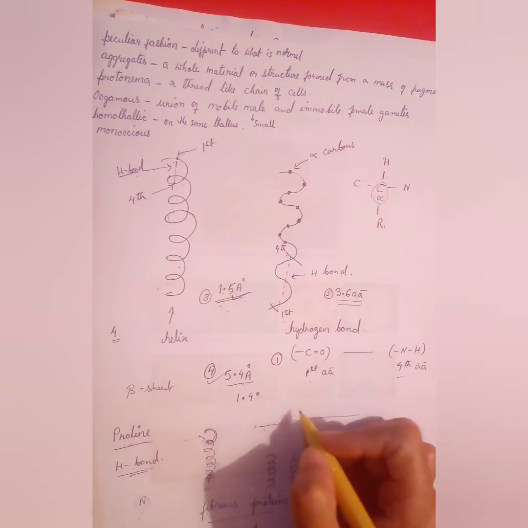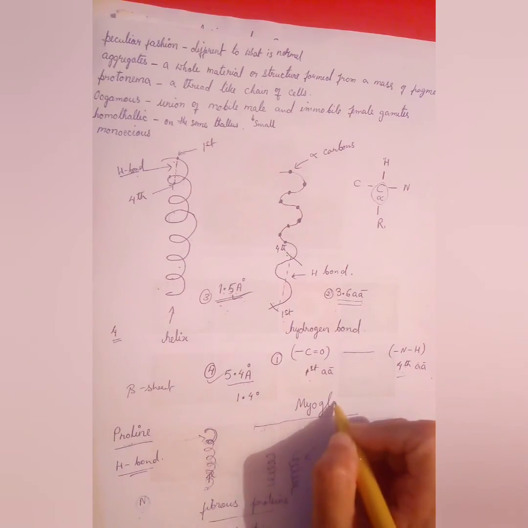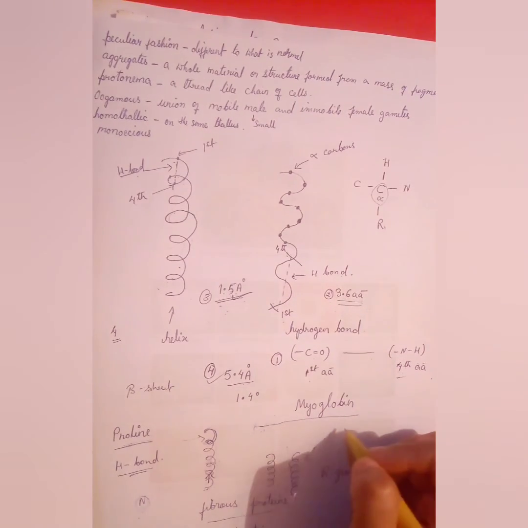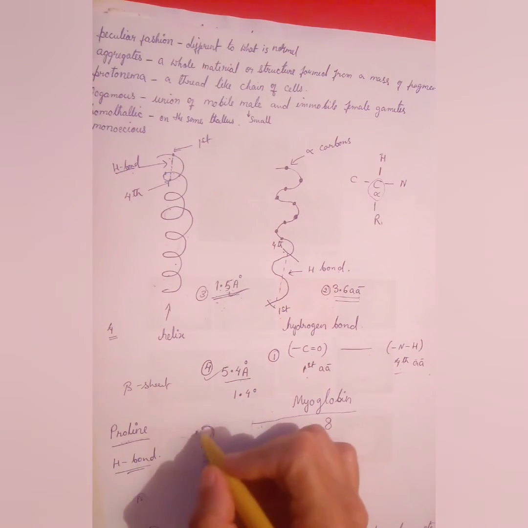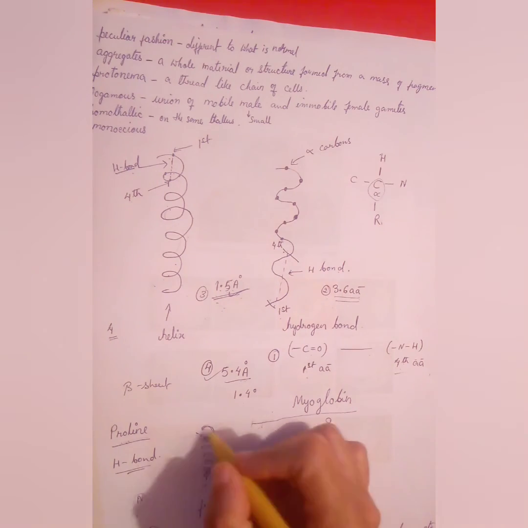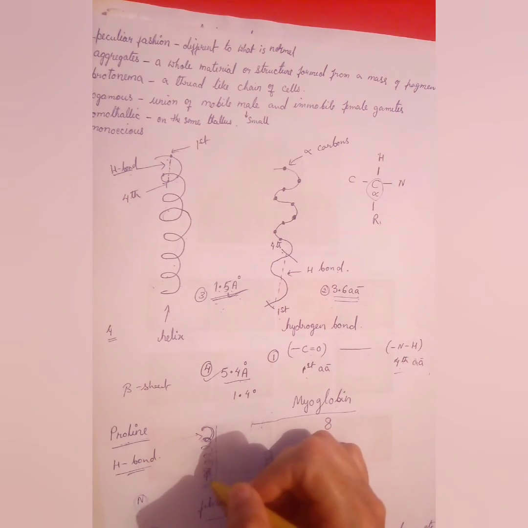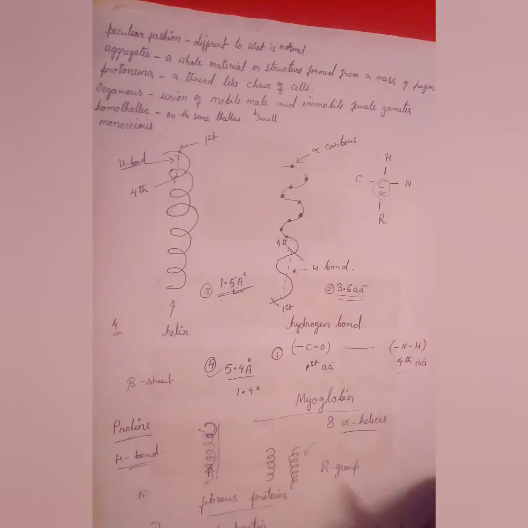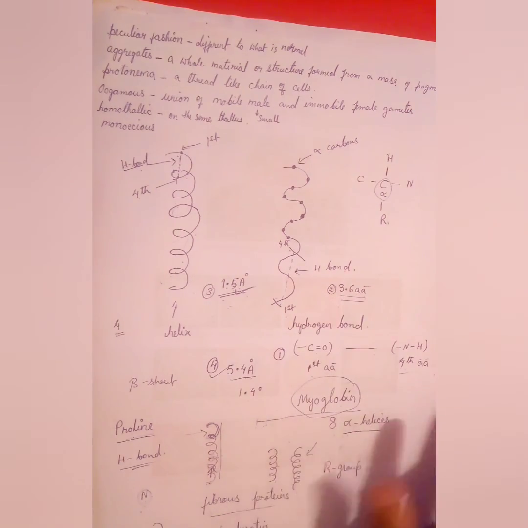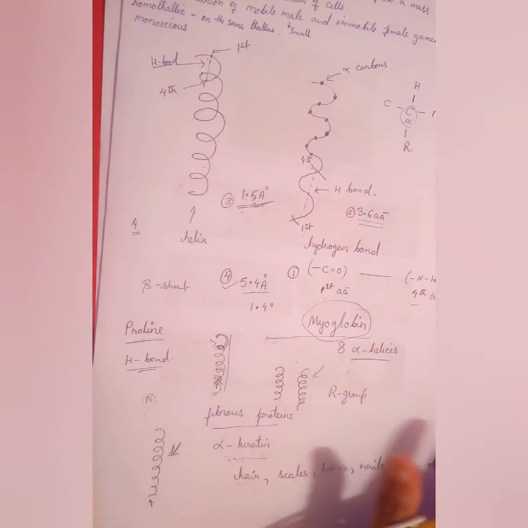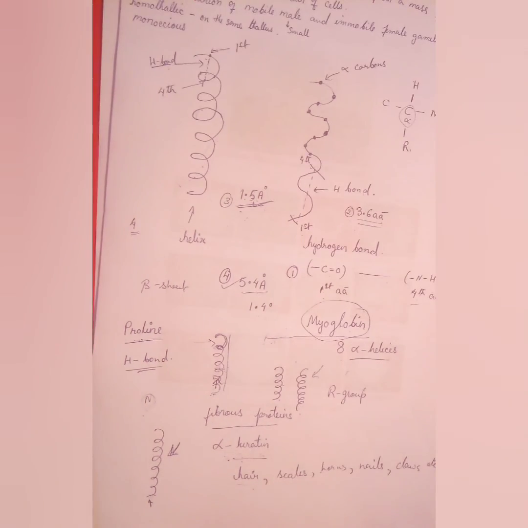For example, the protein myoglobin has about 8 segments of polypeptide chain which fold into this secondary structure, the alpha helices. So myoglobin consists of 8 alpha helices. The beta sheets and the other secondary and tertiary structures I will discuss in the next class.